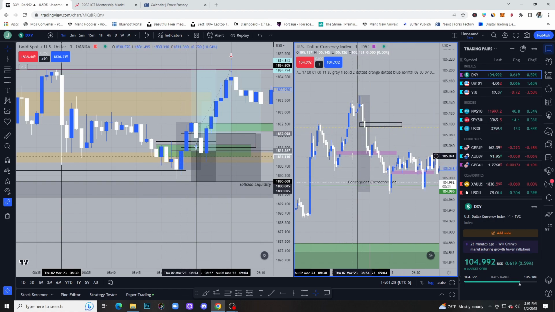Also, to note on the dollar, why I was anticipating a higher price on gold and why I thought this trade would be favorable for me was because on the dollar, right here at about 846, 847, from here to here, this run takes out some liquidity, these little relative equal lows right here.